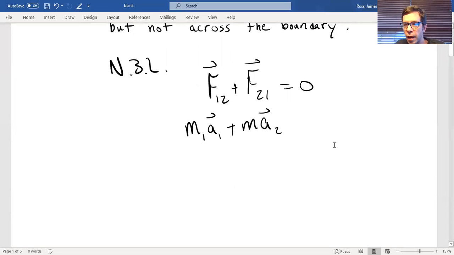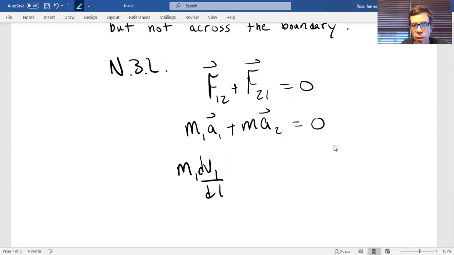And we're going to take that to the next step by applying Newton's second law. And then we're going to go a step further and apply our definition of acceleration. We know that the acceleration is the time rate of change of velocity, so we can call this dv/dt for each acceleration.